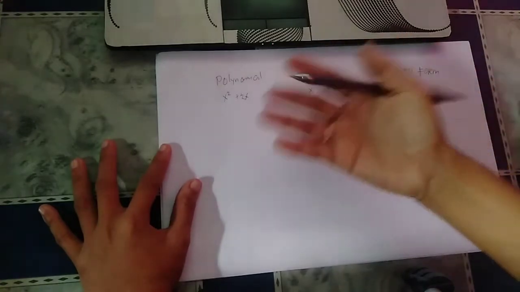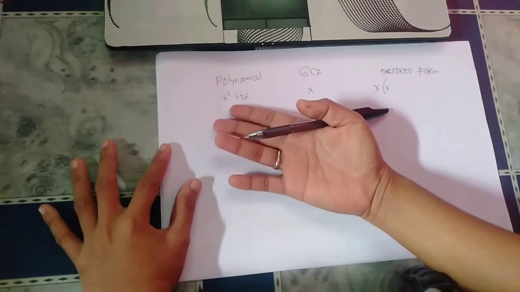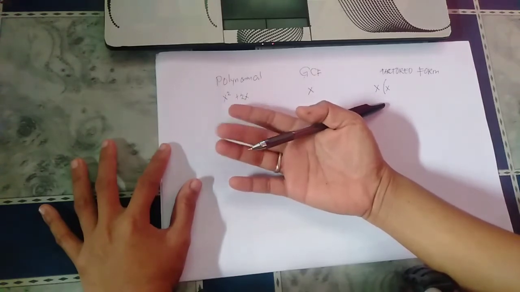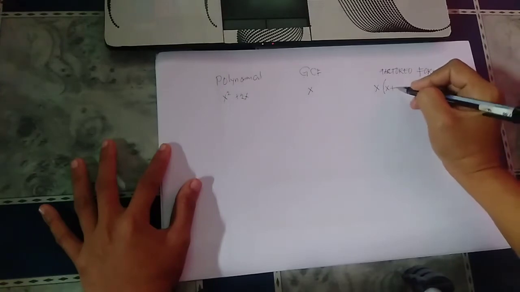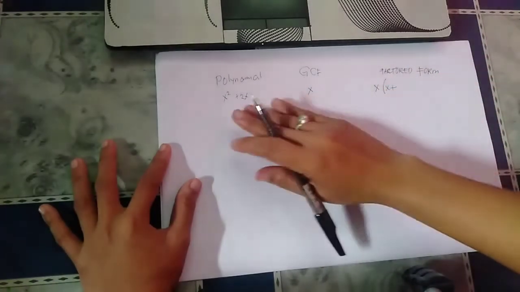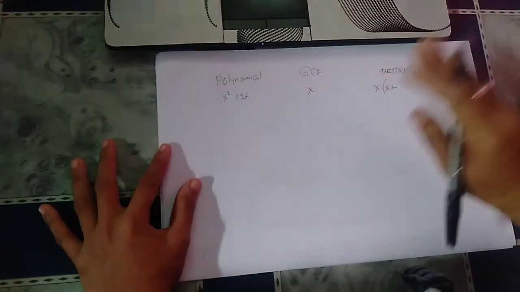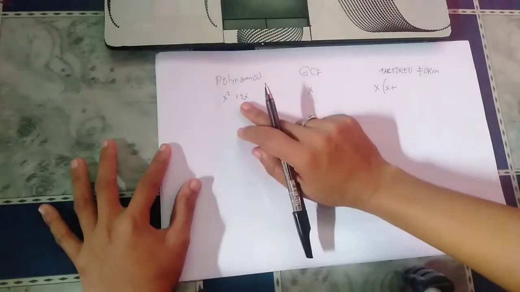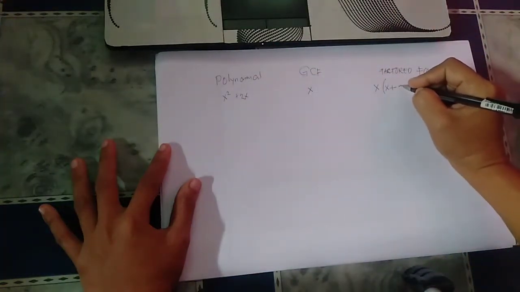And then, as we have seen here, we are using addition, so we are going to use the plus sign. And then, what do we multiply to x to come up with 2x? Yes, it is 2.